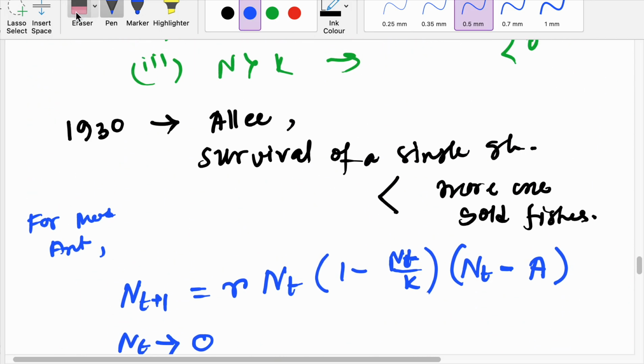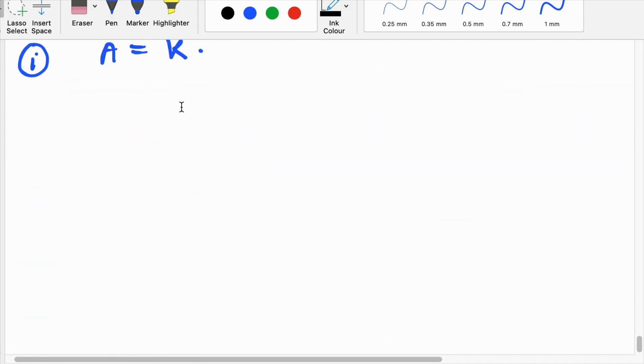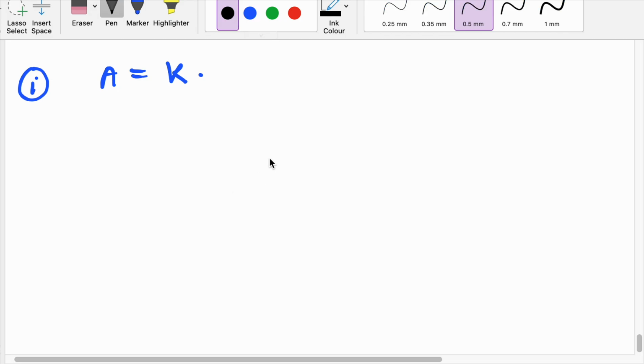Okay, let me calculate it, then it will be clearer. So actually it becomes quite complicated. Let me first draw it, then pictorially it is clearer.